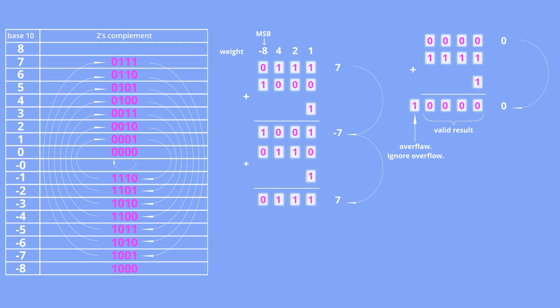Let's perform the procedure of inverting bits and adding 1 for negative 8. We obtain negative 8. Now let's consider the third method of converting positive numbers to negative numbers.